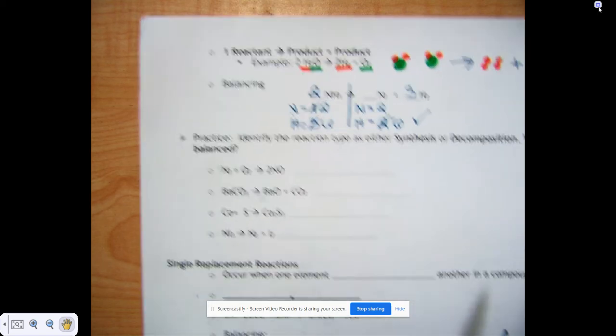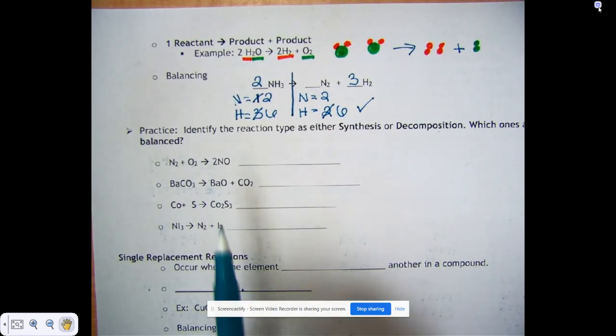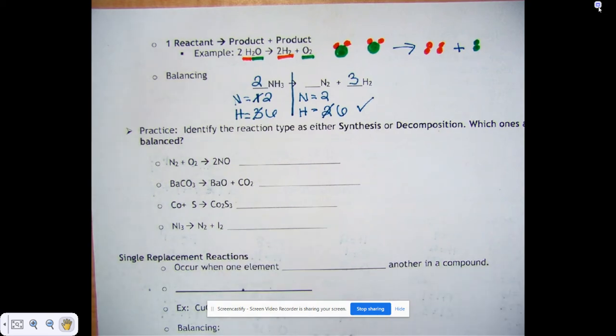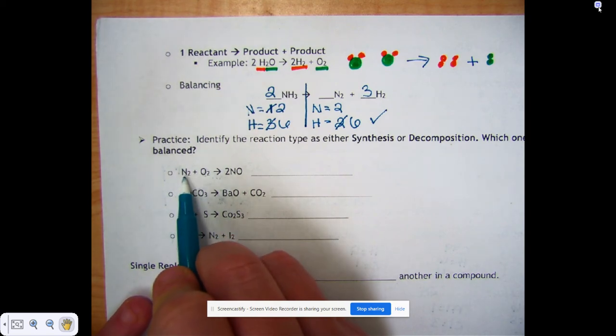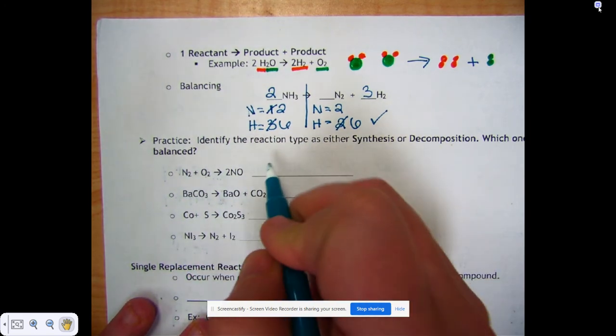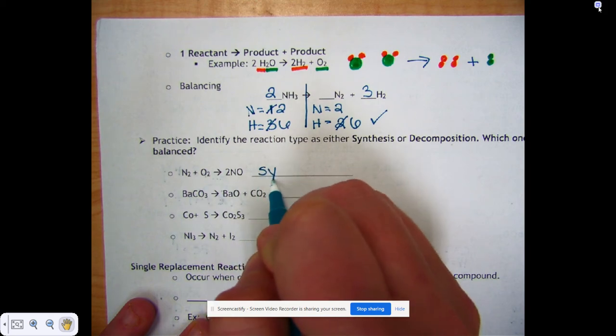Okay, now I want you to pause the video. I want you to tell me if these are balanced or unbalanced and tell me if they're synthesis or decomposition, and then come back and check your answers. All right, this one right here, I'm starting with 2 separate things. I'm making it 1, so this is synthesis.